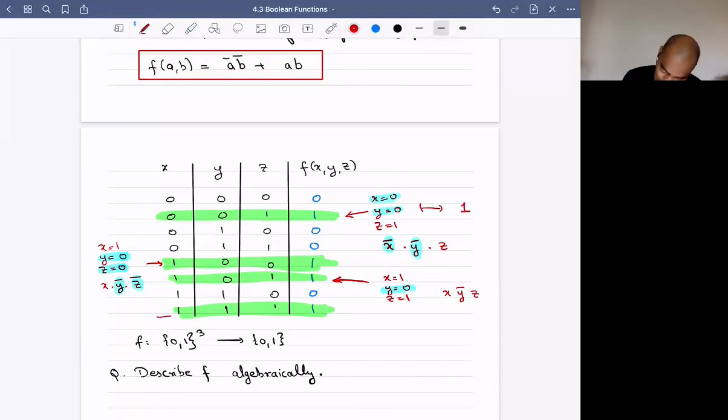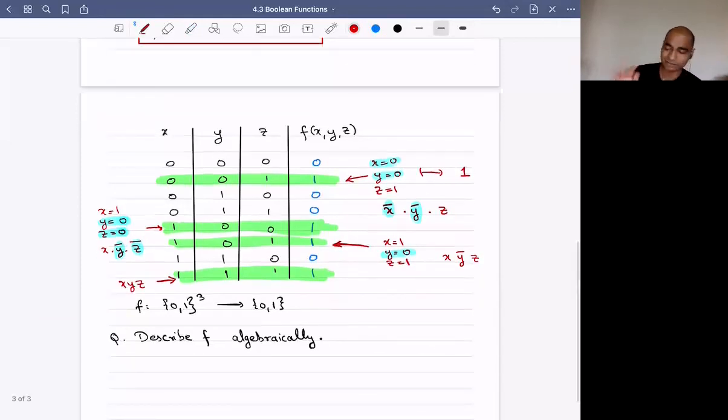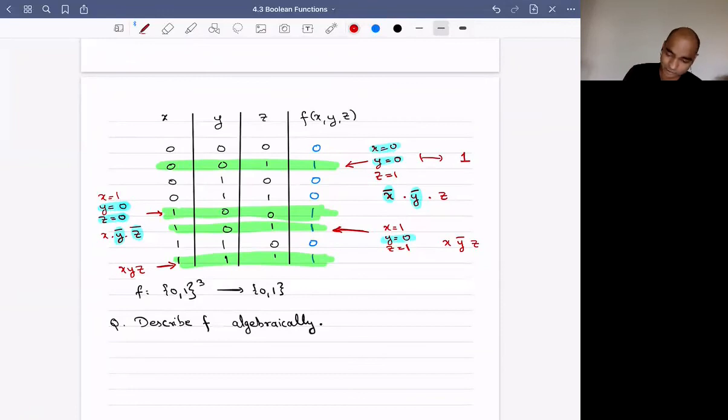And finally, here I have all 3 are 1. So I don't need to complement anything. I'll just leave it as it is. Okay, so now I've got these 4 different terms. These 4 terms are, let me highlight them.